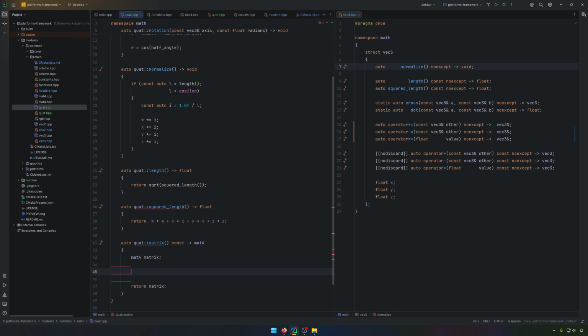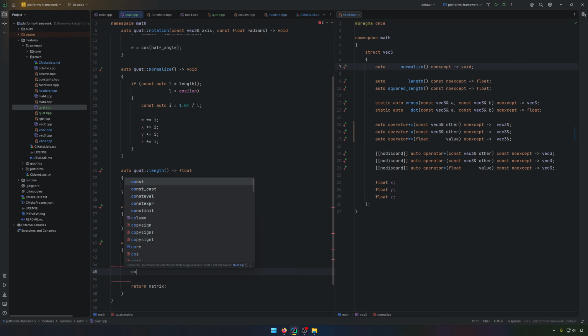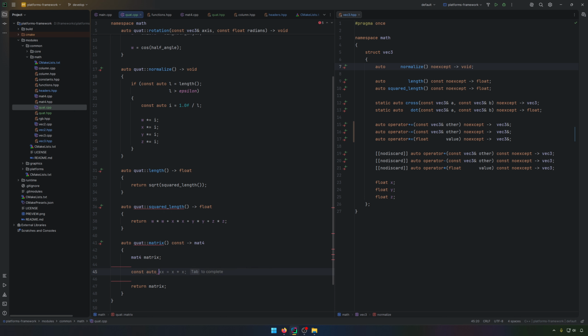When I'm doing something on the math side especially, it's not something that I design or invent. The math part is already there, and I'm not good enough to innovate in the math area. So we will have some constants, auto, and first we will start with the wx, which means that we need to multiply w with x.